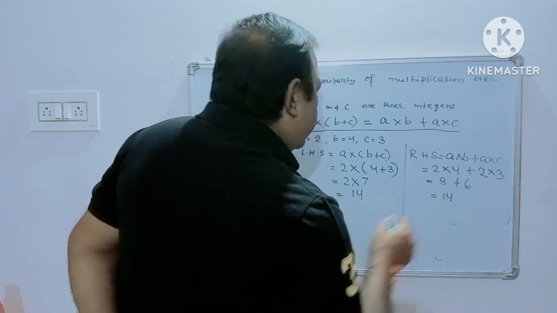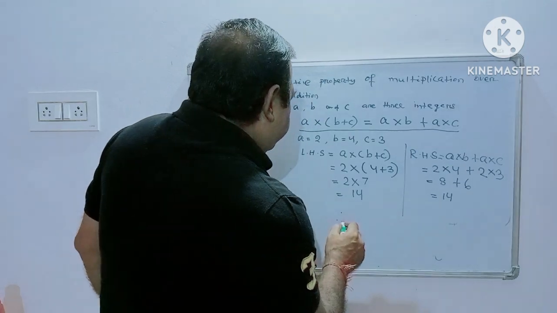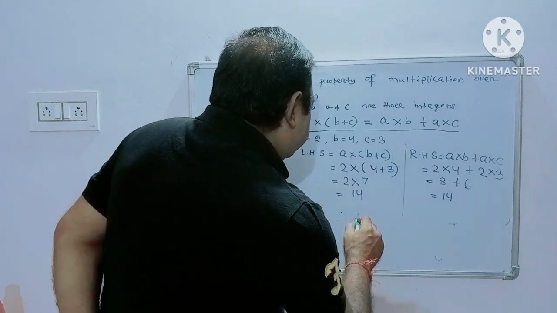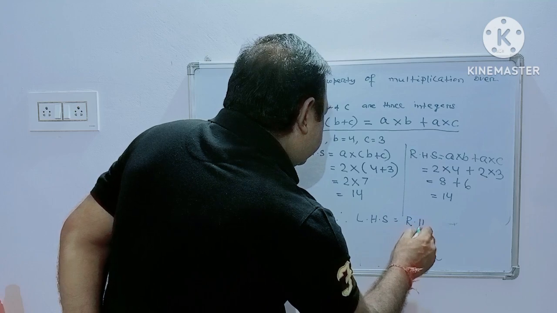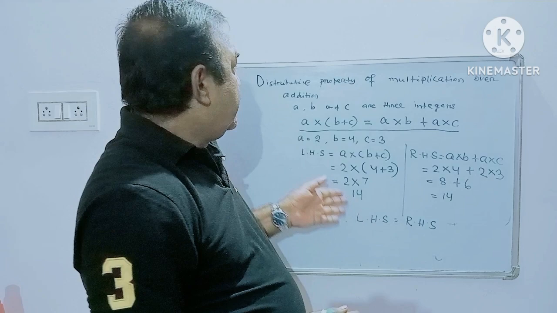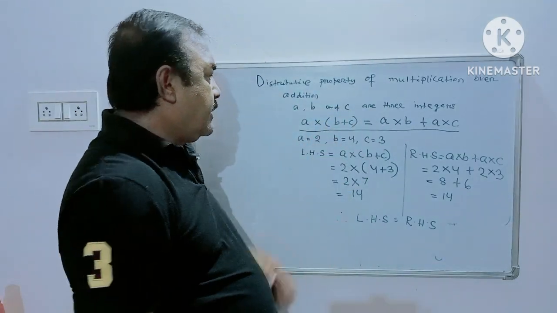So this one is 14. So you see, therefore, left hand side is equal to right hand side. So we just verified it. So it is the distributive property of multiplication over addition.